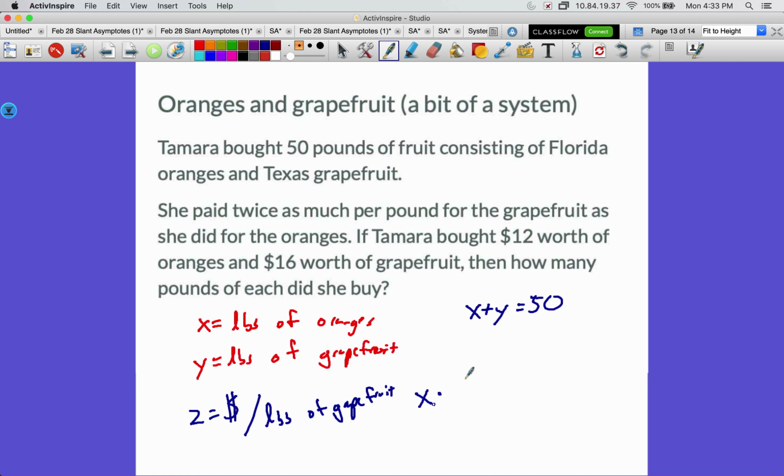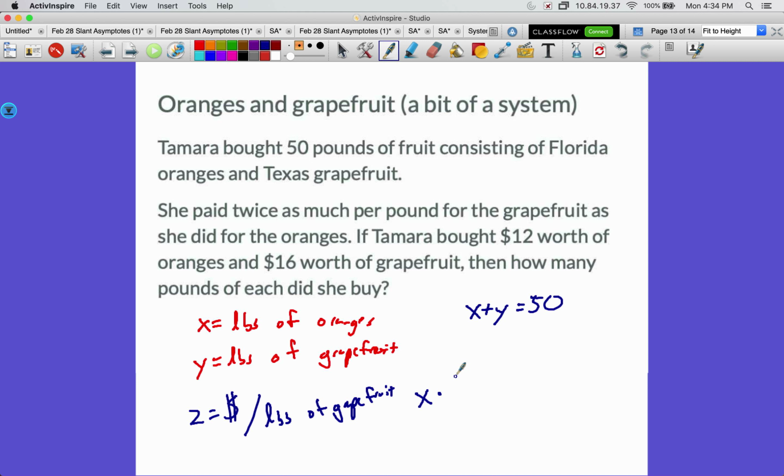I don't want to have to introduce a new variable, so I'm just trying to do everything in dollars per grapefruit. The oranges were twice as expensive, so it's only... if I have X is oranges, no wait, twice as much for the grapefruit.